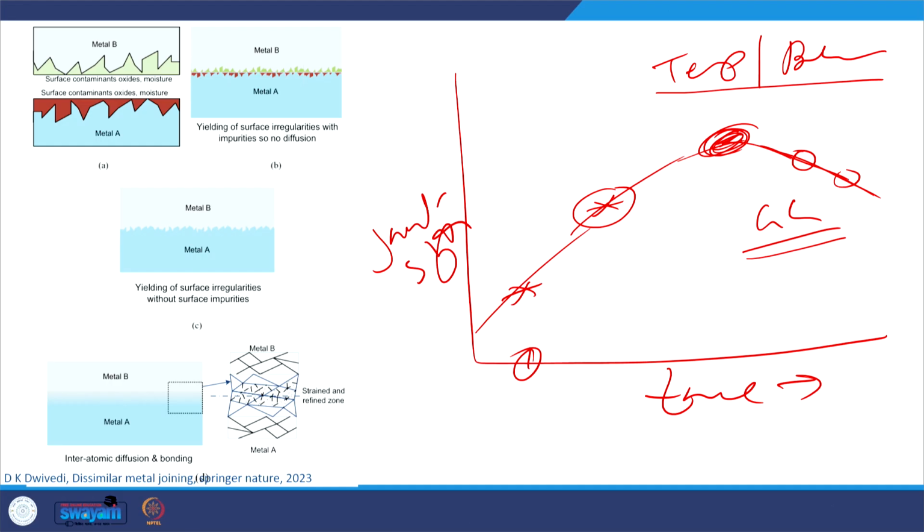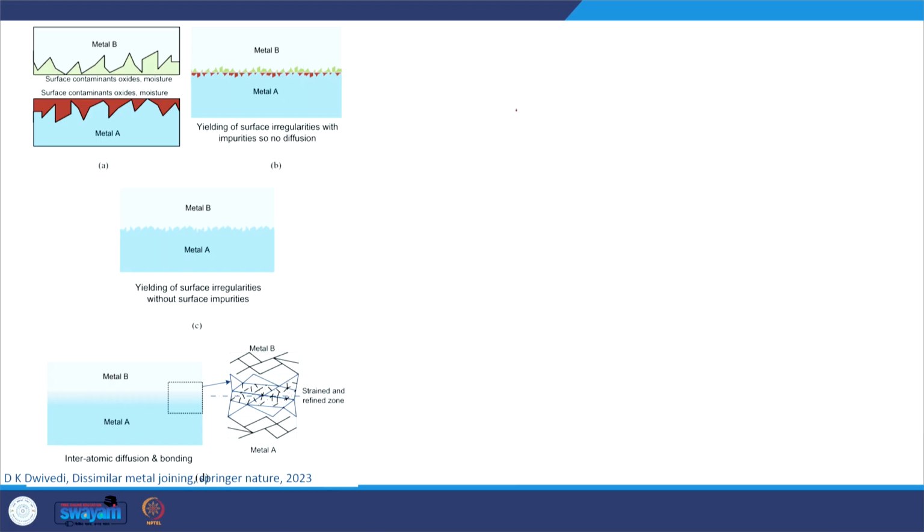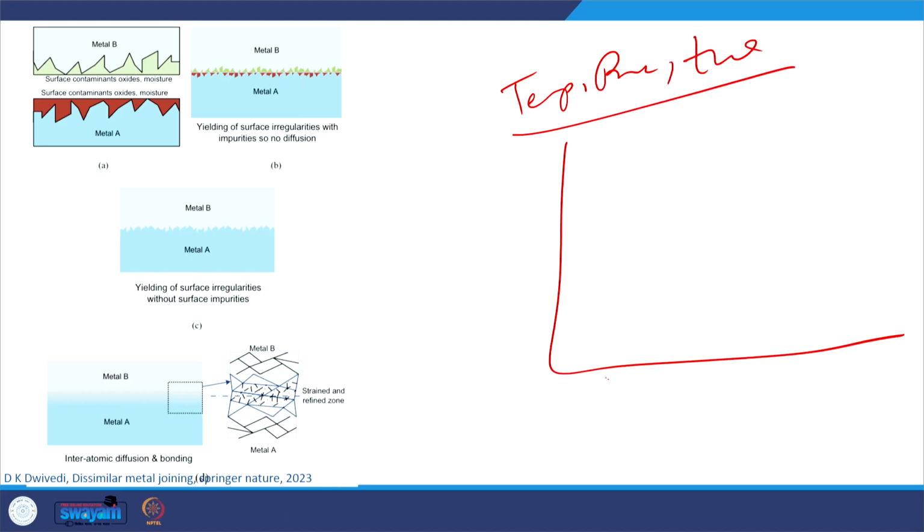Okay. So, this is about the effect of the process parameters. Likewise, for a given temperature, pressure and time, if we try to study the effect of the vacuum, low vacuum or high vacuum. Okay.